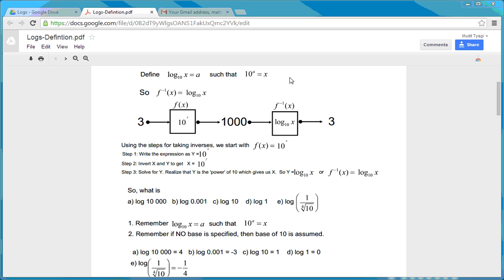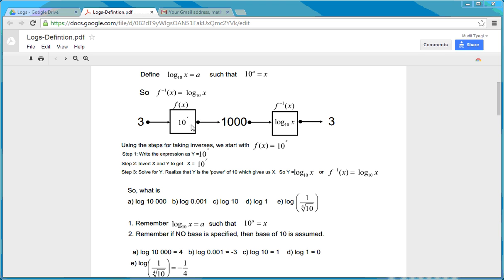Keep that in mind. And then we had also talked about the fact that if f of x is equal to 10 to the x, f inverse of x is equal to log to the base 10 of x. And we had seen in this picture here where f of x and f inverse of x are represented as logic machines, that when we input 3 into f of x we get 1000, and when we take that output from the f of x and input it into the f inverse of x we get back a 3, the original input into the f of x function.